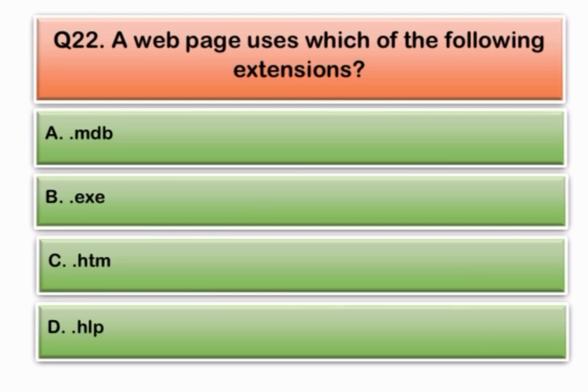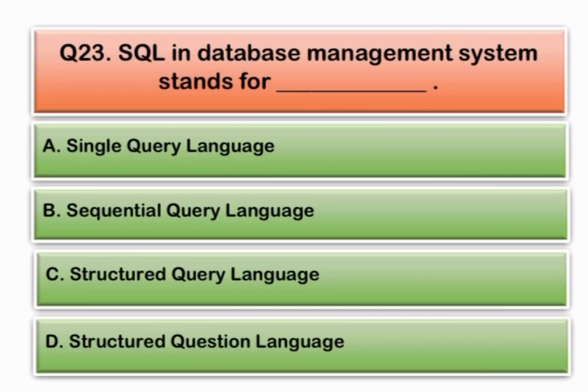Web pages are made by using HTML, hypertext markup language, and its extension is either .htm, so C is correct, or .html is also used. So C option is correct for question number 22.